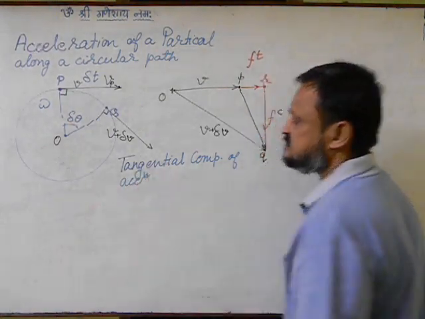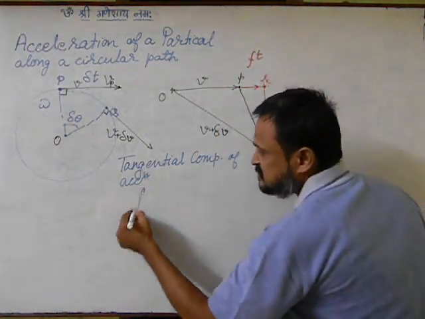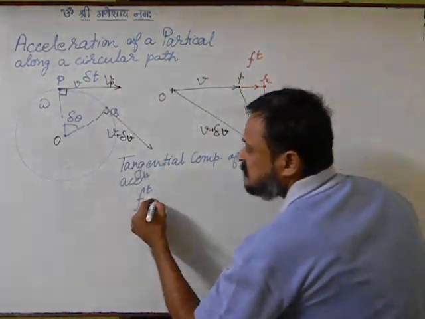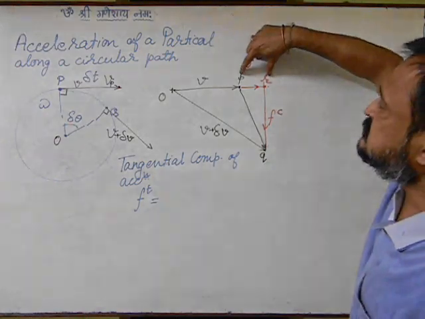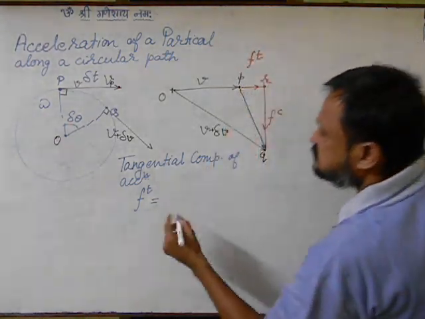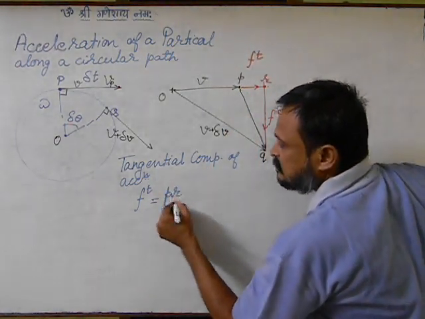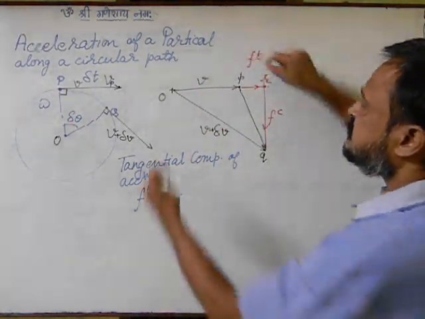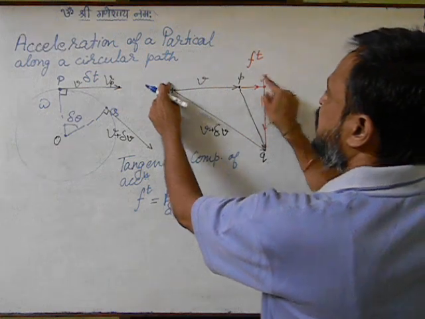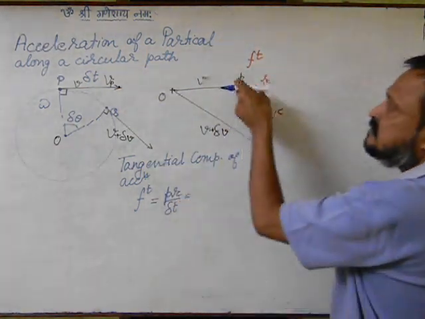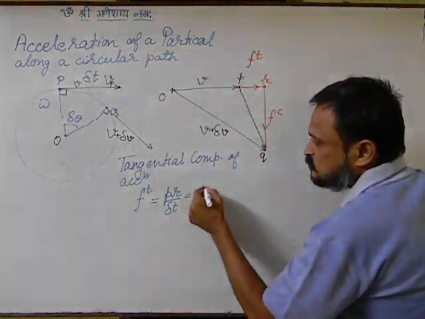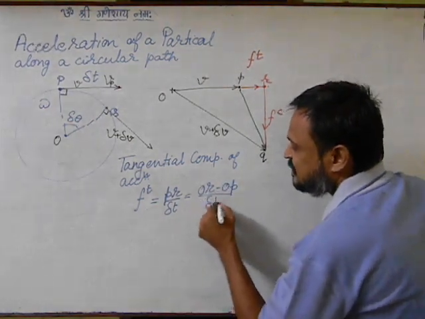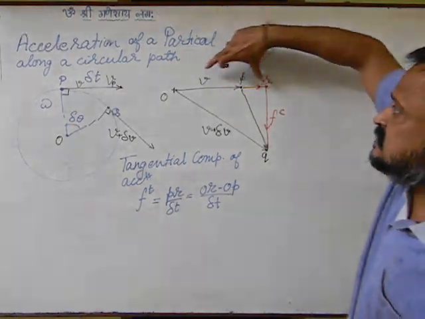The tangential component of acceleration of this particle will be equal to PR by del T. Now what is PR? I can say it is OR minus OP, so PR is equal to OR minus OP by del T. Now what is OR?